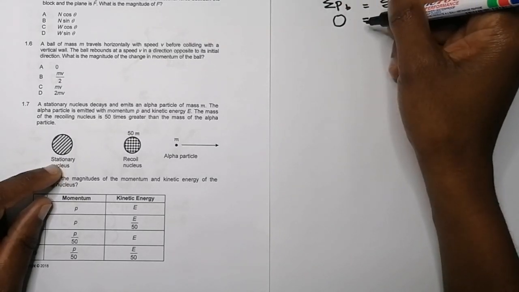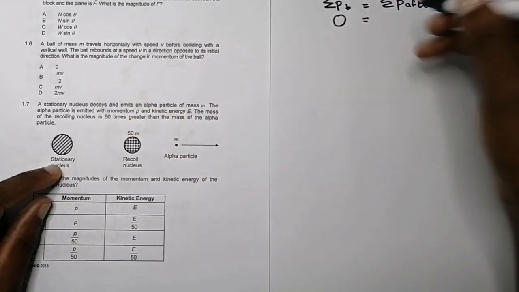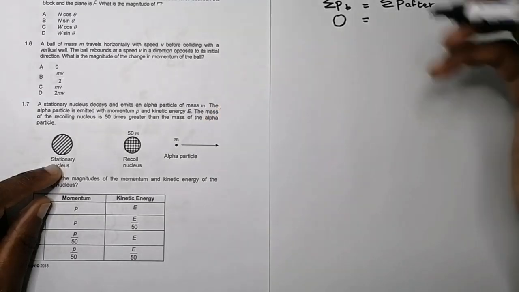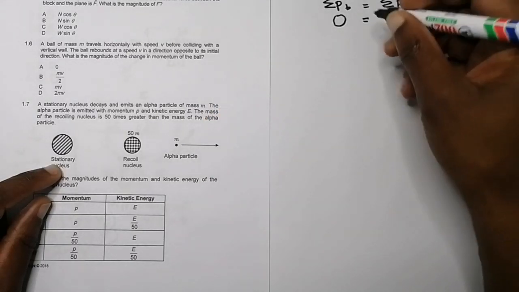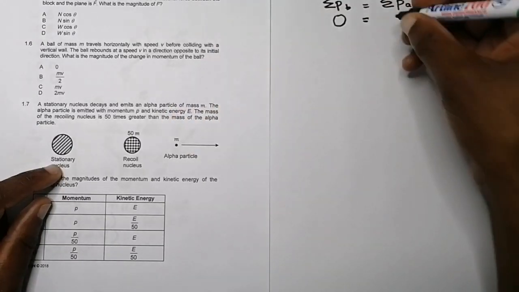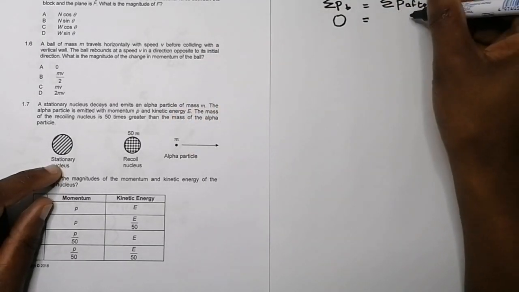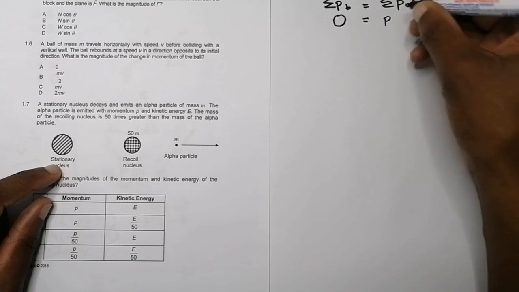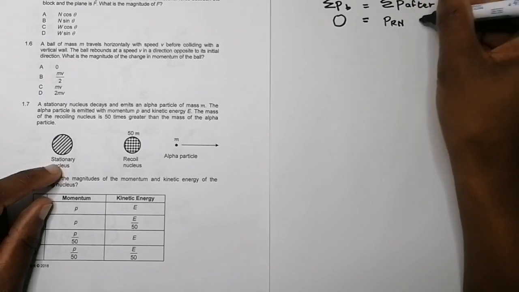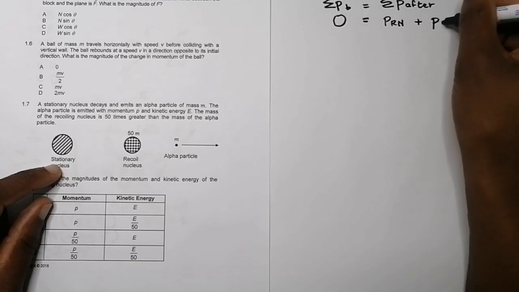But then after the event, both the recoiling nucleus as well as the alpha particle are now going apart. So it's going to be the momentum of the recoiling nucleus plus the momentum of the alpha particle.